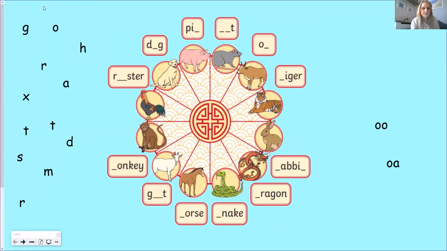Over here on the left side, we have got the missing phonemes, and on this side, we've got some missing digraphs. So if you have your activity sheet printed off, you could have a go now at filling in the missing sounds, or you can have a go by using my computer screen on here and pausing the video.